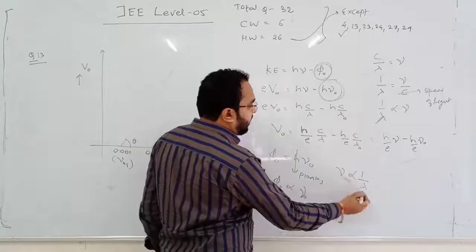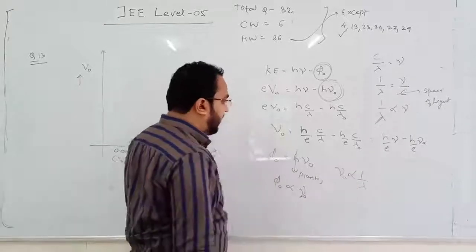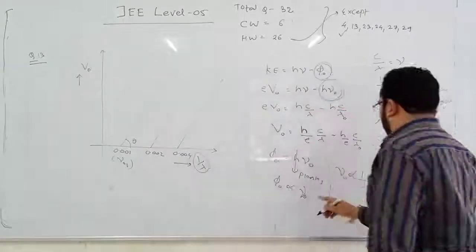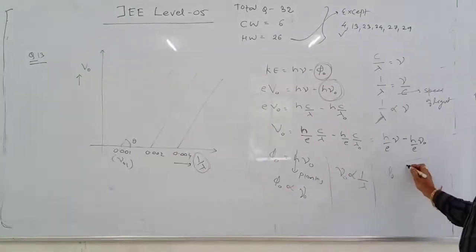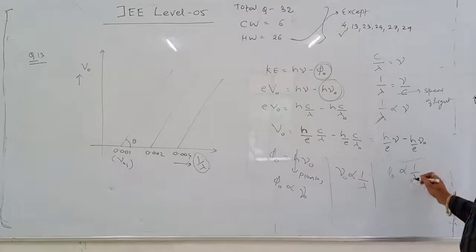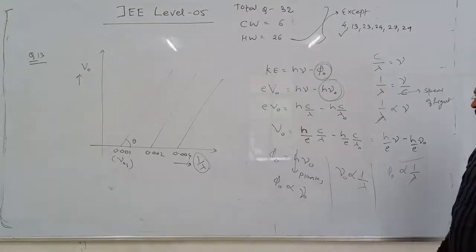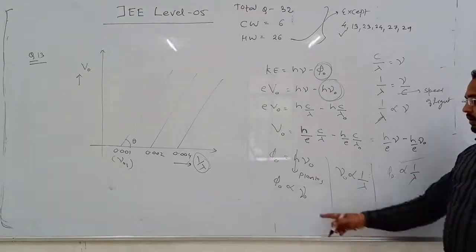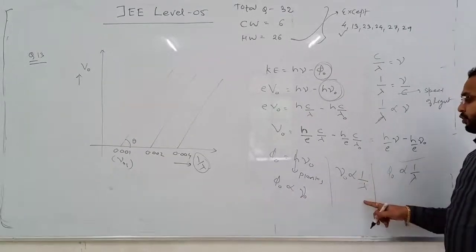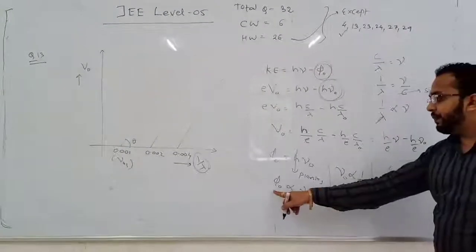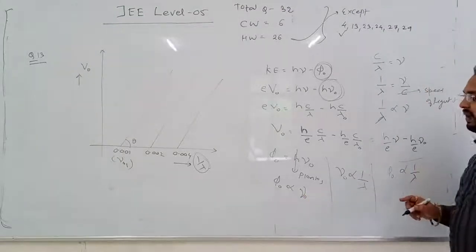Combining these two we can directly say, okay. Phi naught is proportional to mu naught, and mu naught is proportional to 1 by lambda. Hence ultimately phi naught is proportional to 1 by lambda.